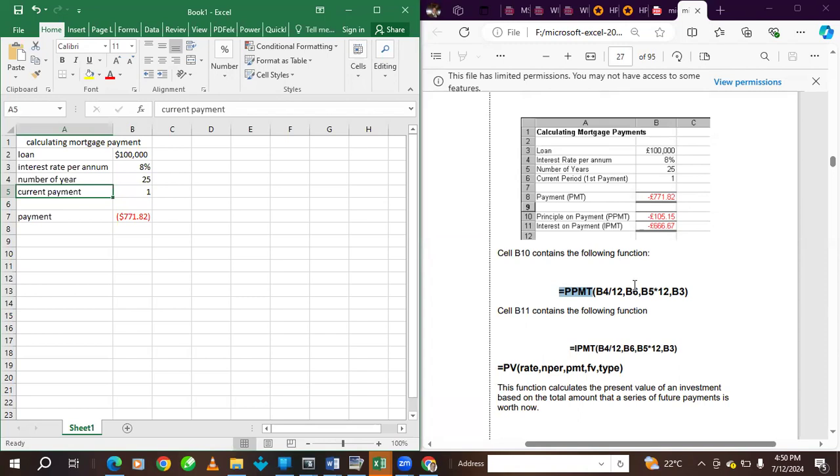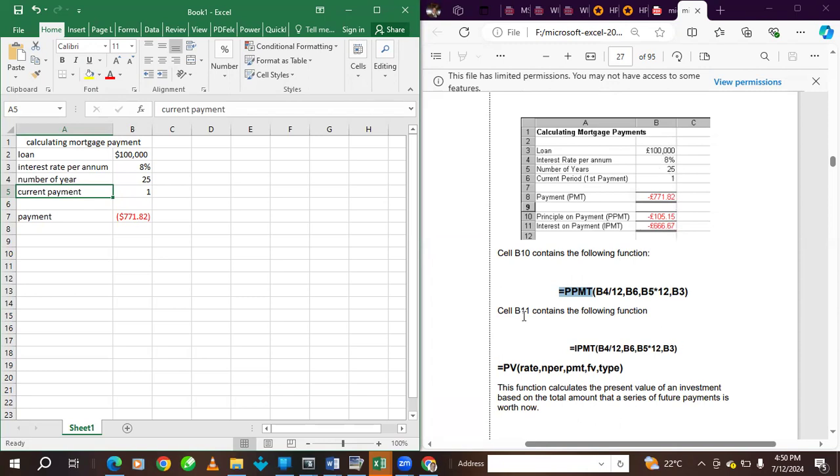Then we have P6, our current payment period. You need to indicate the first period, which was 1. Then you take the number of years and multiply by 12. Then you multiply by the loan itself.